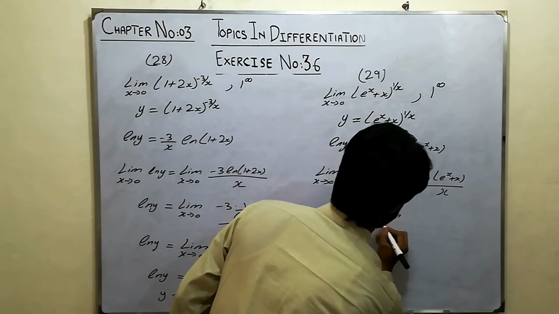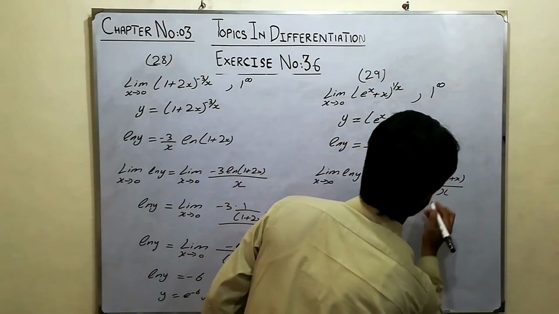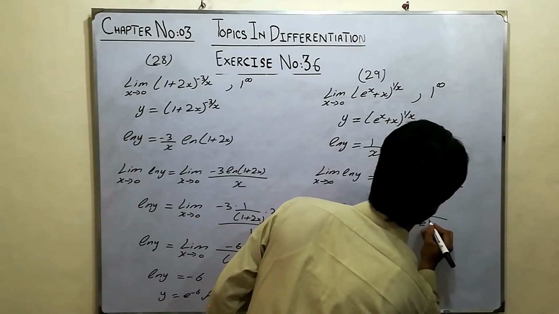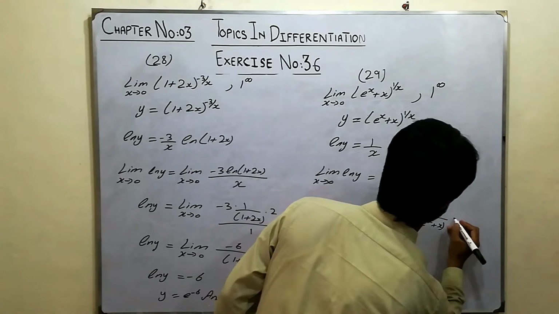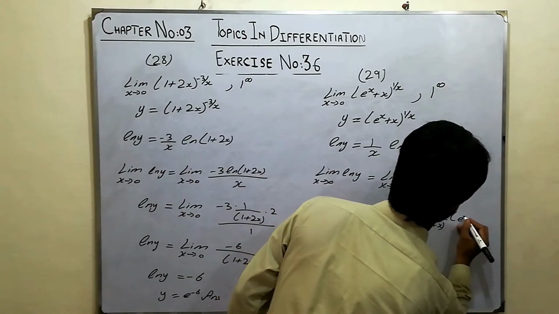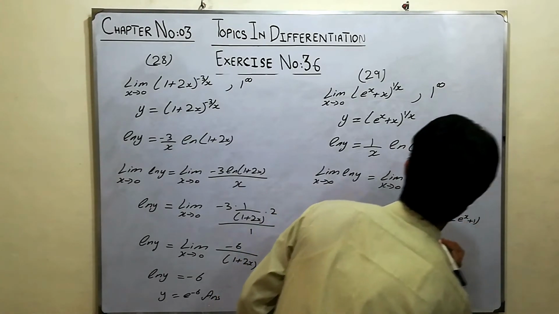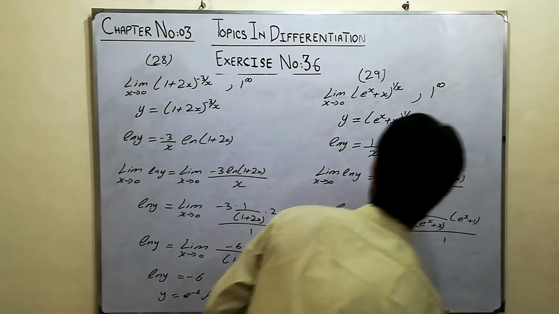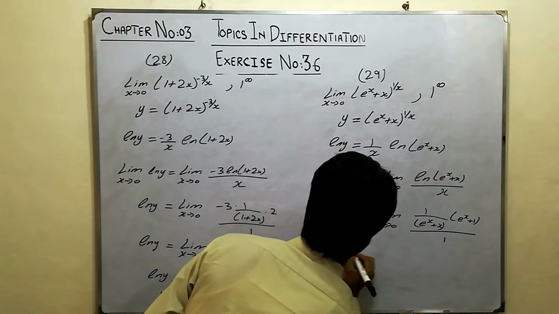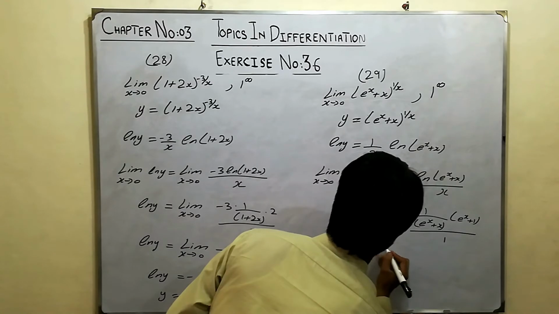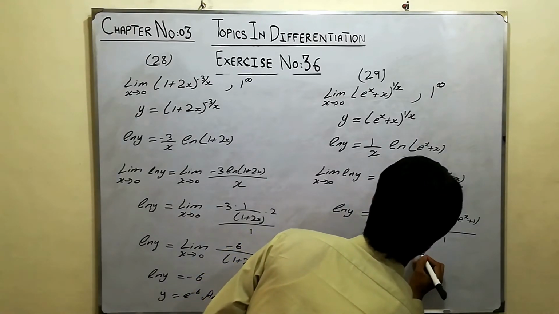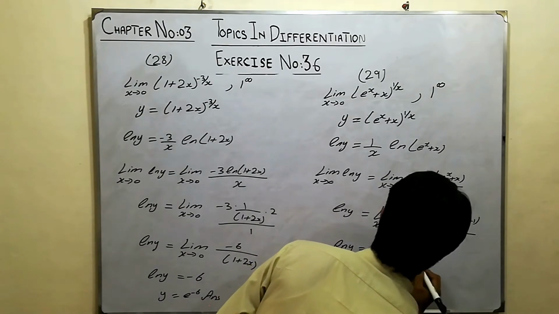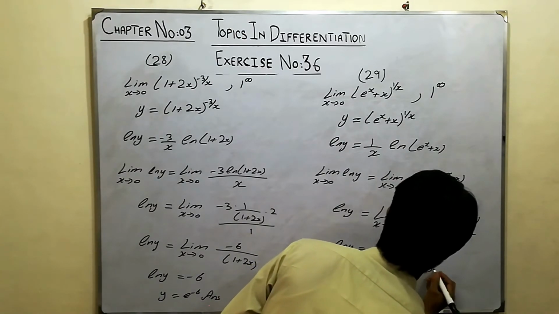Derivative of ln of e to the x plus x is 1 divided by e to the x plus x, times e to the x plus 1, divided by 1. So we have ln y equal to limit x approaches to 0 of e to the x plus 1 divided by e to the x plus x.